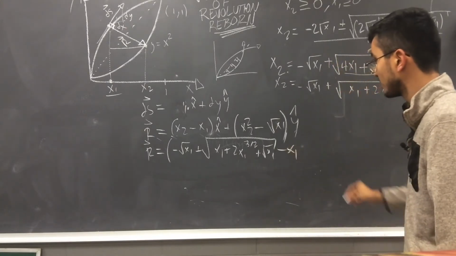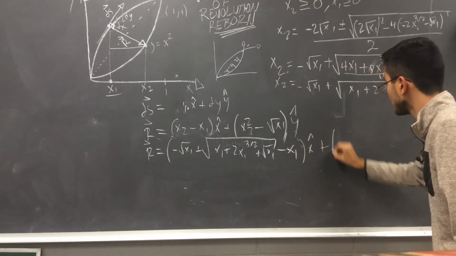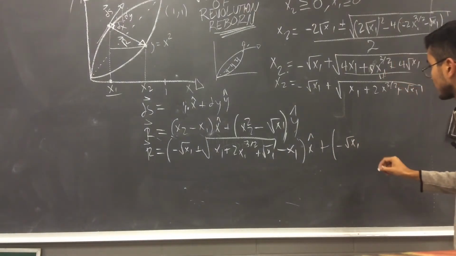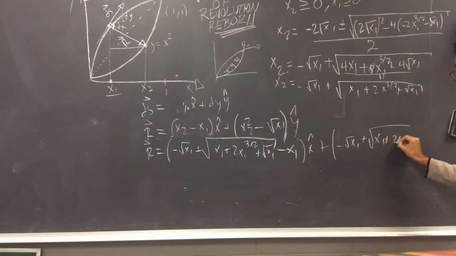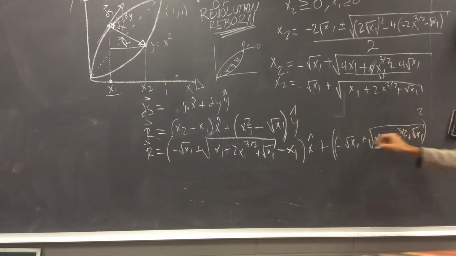All right, x hat. And that's going to be plus the entire thing squared, so negative square root of x1 plus the square root of x1 plus 2x1 to the 3 halves plus root x1, squared. All of this inside squared. And then, of course, don't forget to subtract square root of x1, all of that y hat.